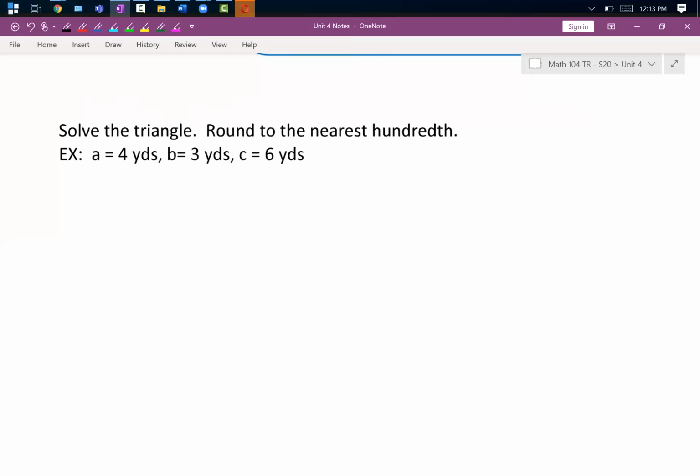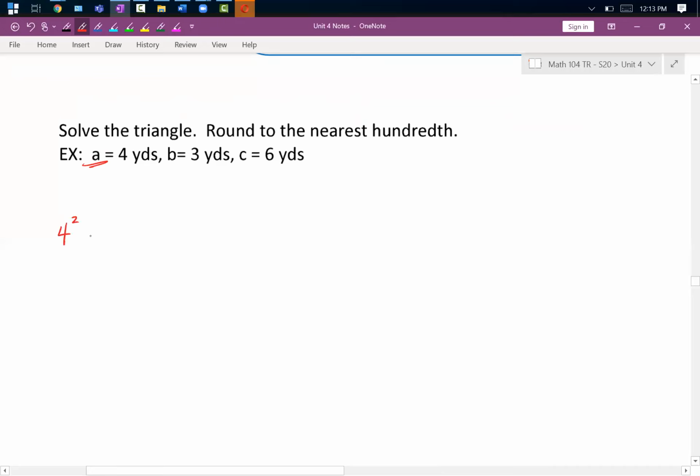We want to solve the triangle and round to the nearest hundredth. You'll notice here they don't give us any angle measures, so we can start with whatever side we want. We just know that if we start with side A, we're going to be finding angle A first. So I'm going to start with side A first.